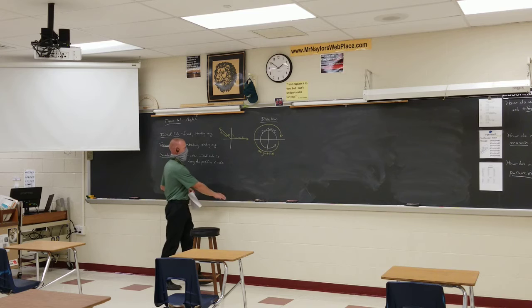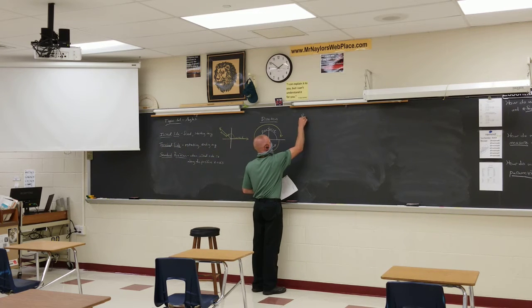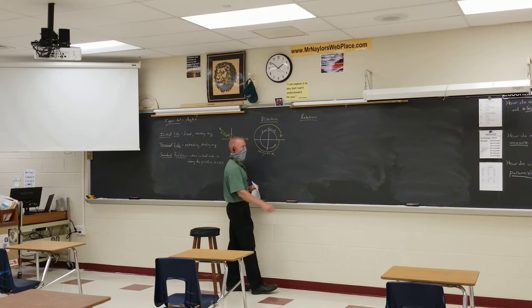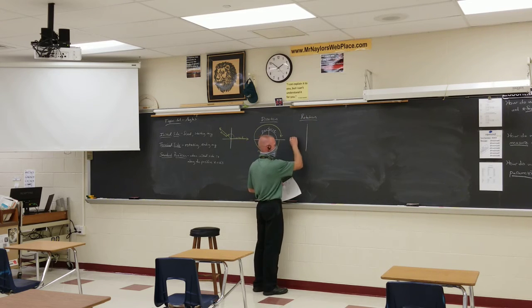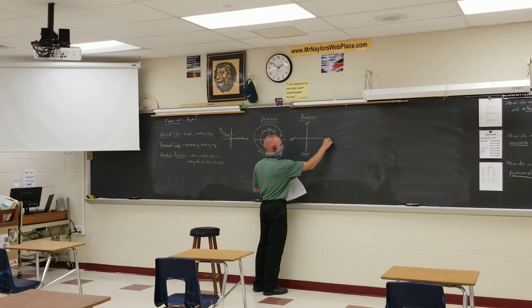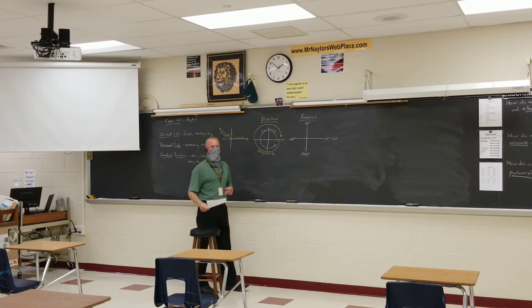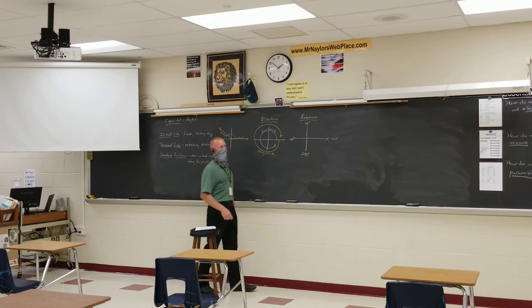Now, when we talk about rotations, there are some rotations that should be pretty familiar to us. But we're going to make sure that if I say 0 degrees or 90 degrees or 180 degrees, or 270 or 360, that we're all pretty comfortable recognizing those four corners.